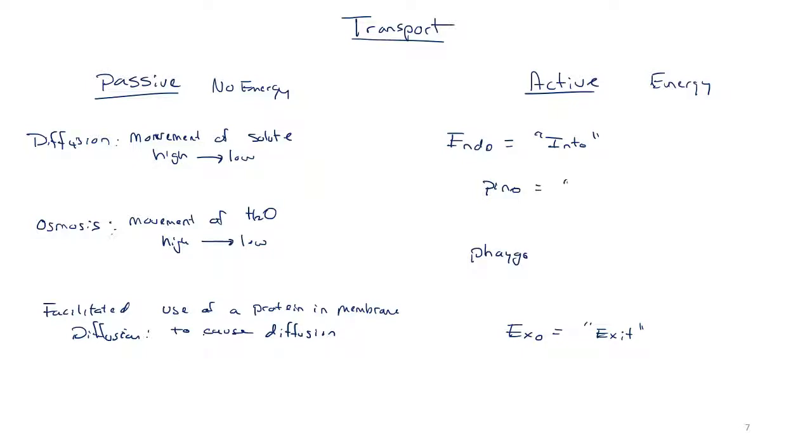Pinocytosis literally means cell drinking, which brings in a lot of smaller particles, whereas phagocytosis means cell eating. This eats larger components, like larger blobs that are eventually absorbed. Phagocytosis is used in your immune system all the time because you have white blood cells that attack other living things. Pinocytosis is used usually for digestive purposes.